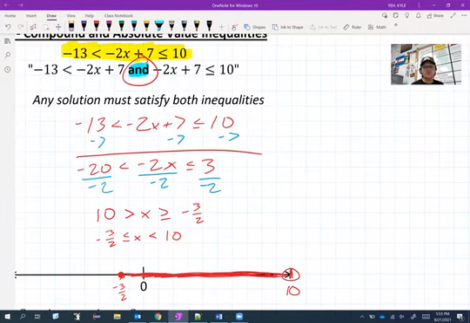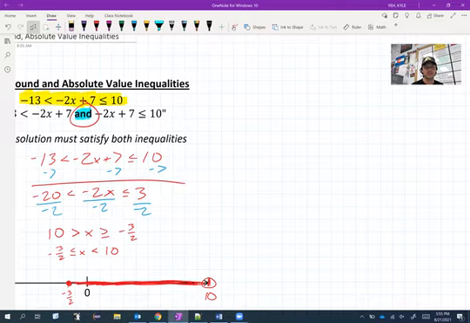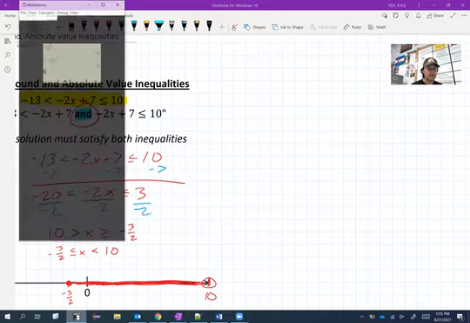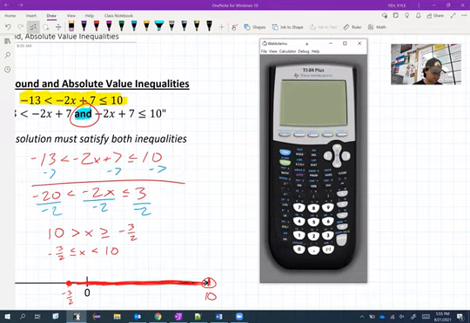So a couple of things we could do, always a good idea to test, make sure that some values in there work. So what am I going to do? I'm going to grab my calculator, and I'm going to use some of the functionality of my graphing calculator to do this quickly and efficiently.